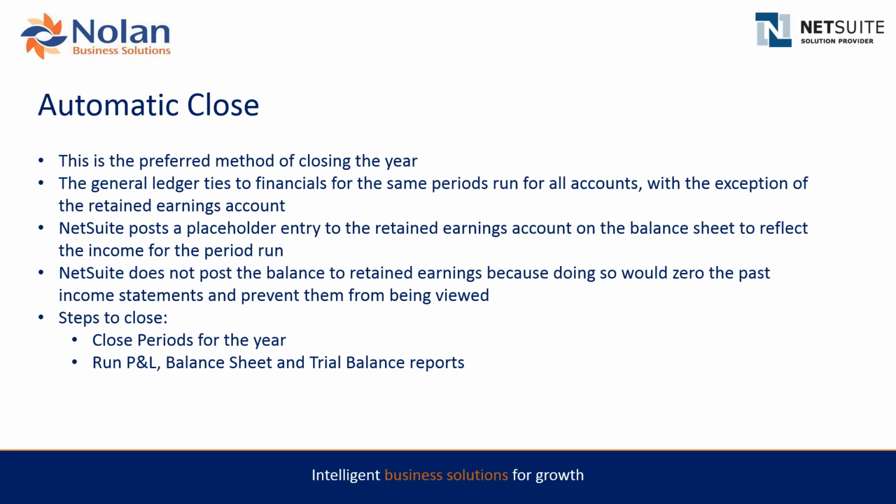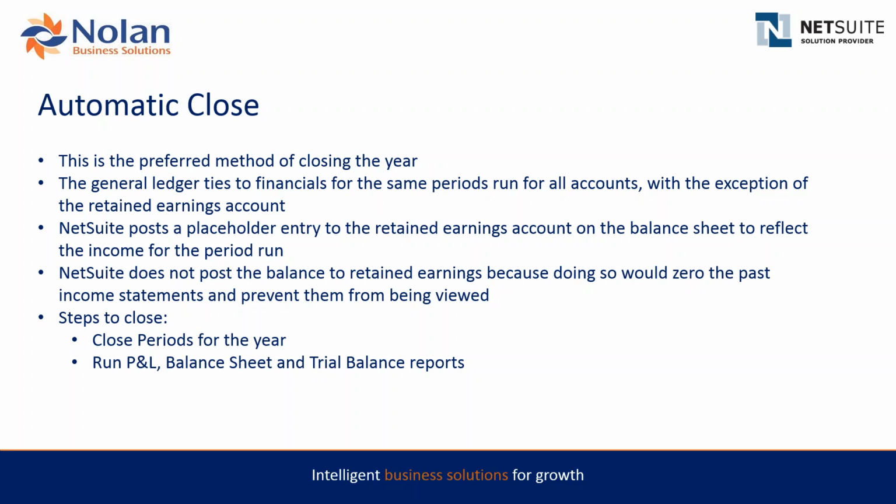So, first of our two options for closing an account is automatic closing. As it says here, this is the preferred method of closing a year in NetSuite. The general ledger ties the financials for the same periods run for all accounts, with the exception of the retained earnings account.